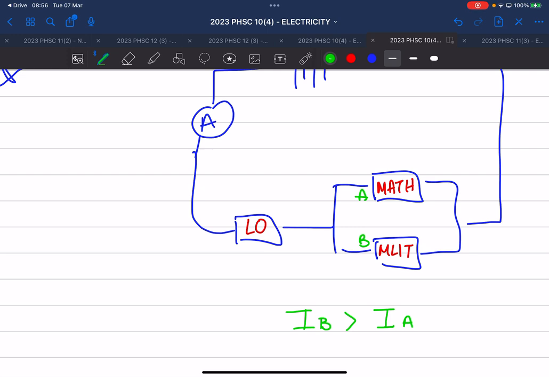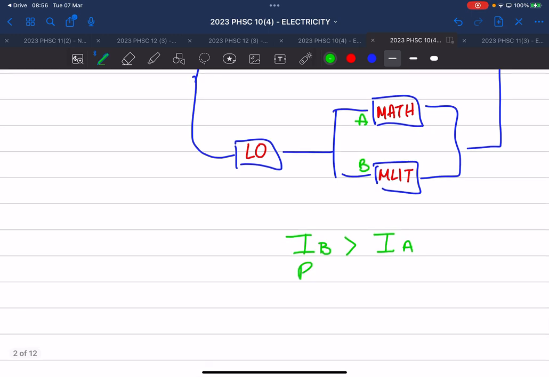Now, in science, in this chapter, what do we mean with easier, more difficult, whatever? It means the resistance of B is smaller than the resistance of A. Siyabonga, what is the relationship then between current and resistance?